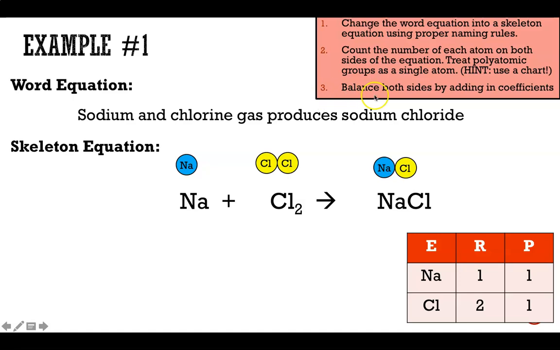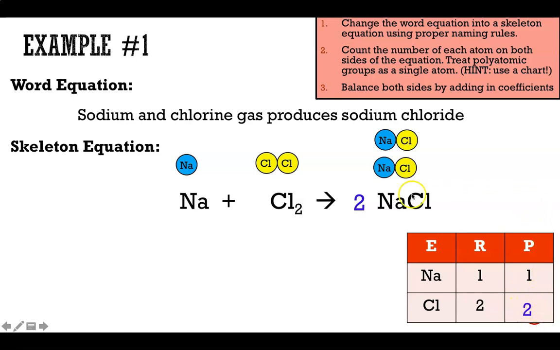So step 3 was to balance by adding in coefficients. So if I have 2 chlorines on this side, I probably want 2 chlorines on this side. So if I add in a coefficient there, you can see that by adding in that coefficient, I've added a whole other sodium chloride molecule, and this number in the chart is going to change to a 2.